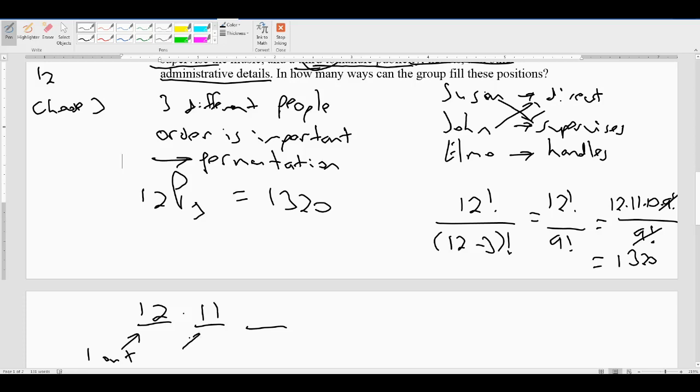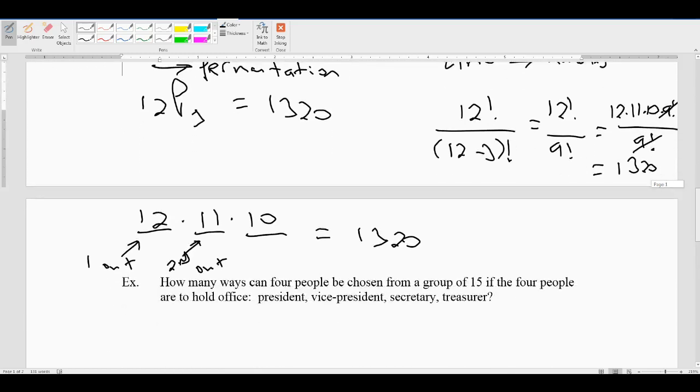So when you assign that one, a second person is out. How many people are left for the third job? 10. And when you do this, this is a fundamental counting principle. You multiply it out, and we get the same thing we get over here. So you may actually want to do the fundamental counting principle. It actually makes more sense, by the way. So however you do it, it's totally up to you.